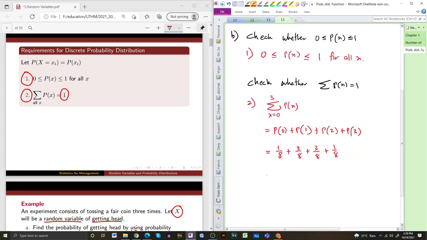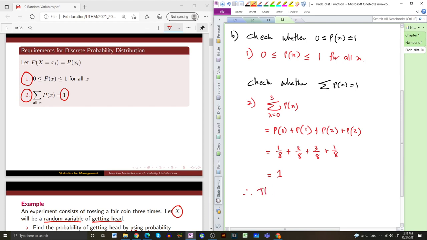If you add this, you get 1. Therefore, it fulfills two conditions. First, the probability is in between 0 and 1, and the summation of probability is 1.